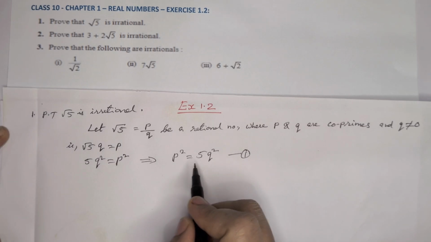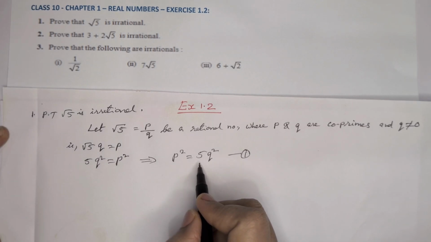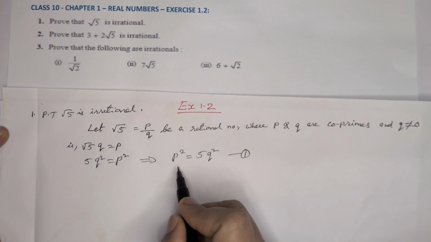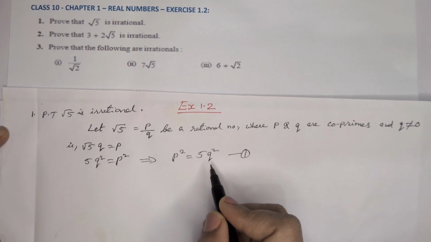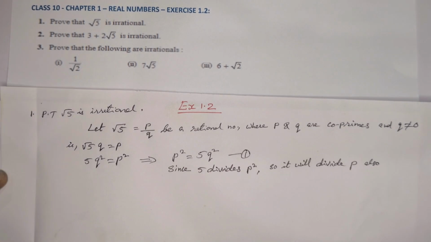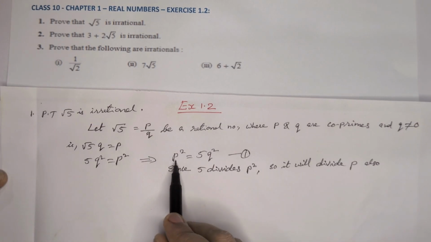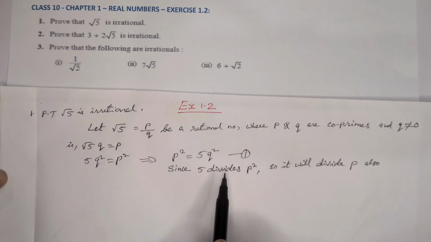Here we can see this P square is divisible by 5. That P also we can divide by 5. Since 5 divides P square, it will divide P also.